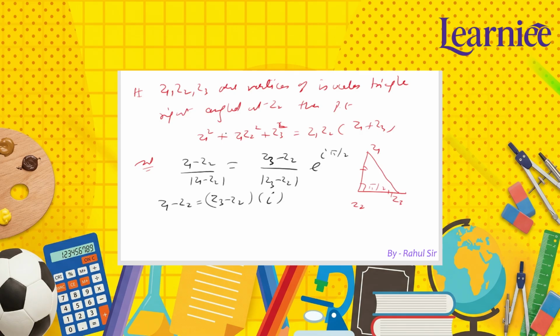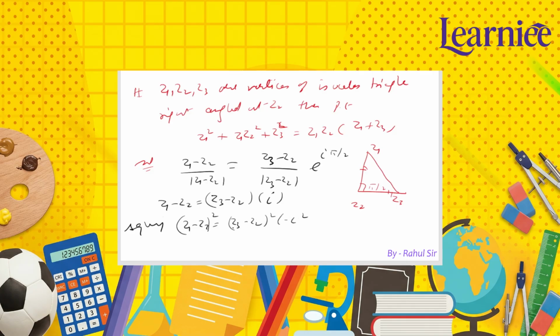And since in what we have to prove there is no i or imaginary part, we will square it. After squaring I get Z1 minus Z2 whole square is equal to Z3 minus Z2 whole square times i square.